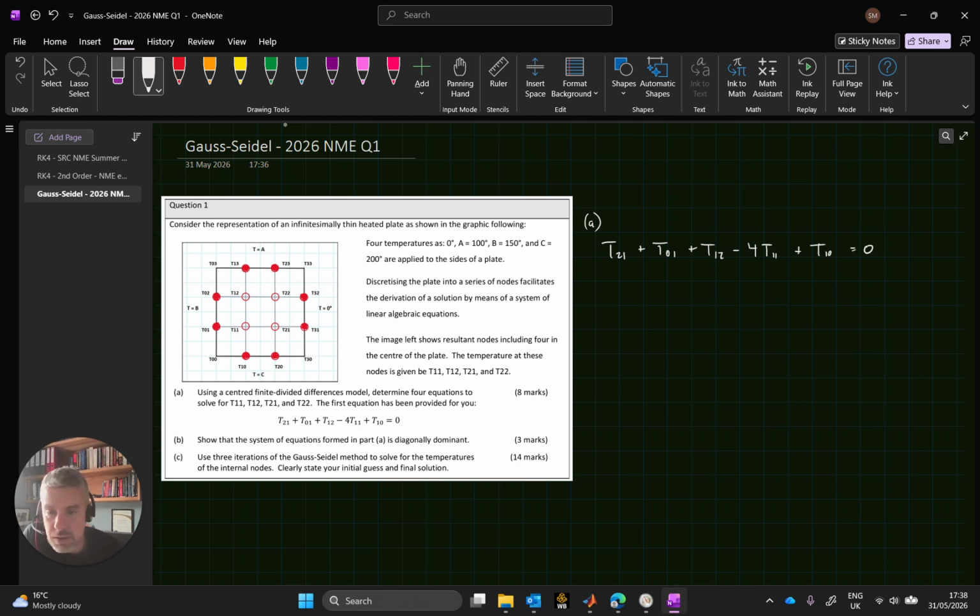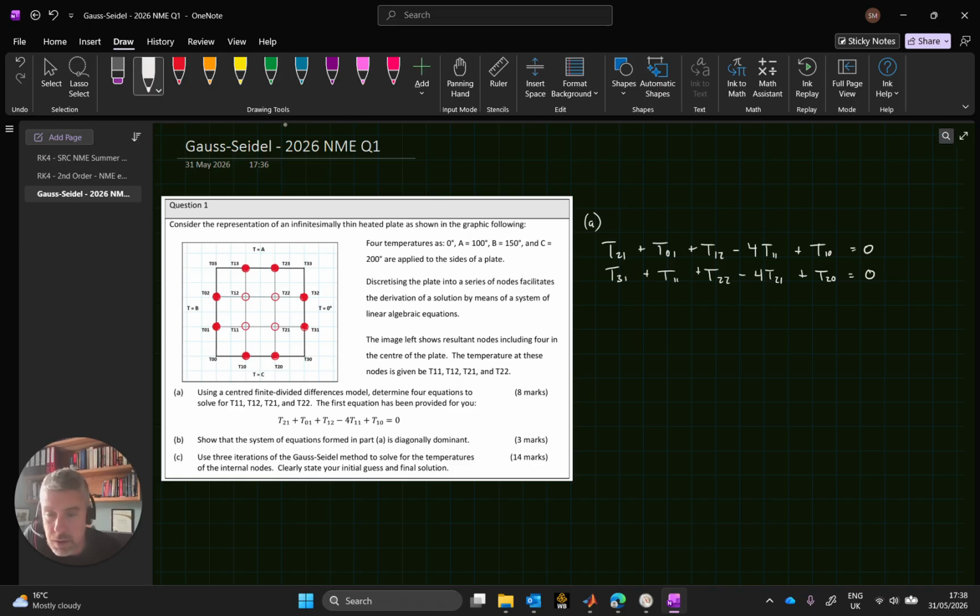So that is clearly solving for T11. I'm going to move over to T21, and I'll say that T31 plus T11 plus T22, which is the one above T21, minus 4T21 plus T20 is equal to 0.